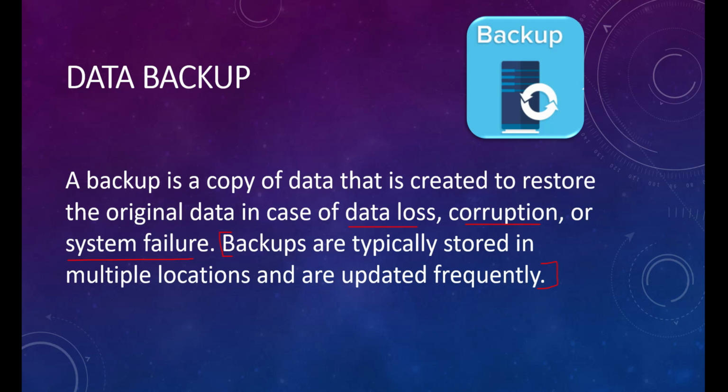We are not going into those details, but theoretically, backups are typically stored in multiple locations. If you take the example of clouds like Azure and AWS, they have this feature inbuilt. If you're using Azure Data Lake, the data automatically gets distributed, backed up, or mirrored into different locations, so in case of emergency, the data can be restored.